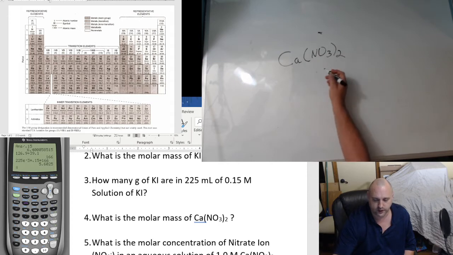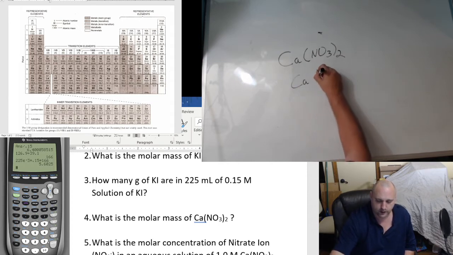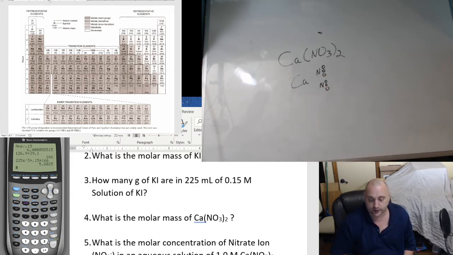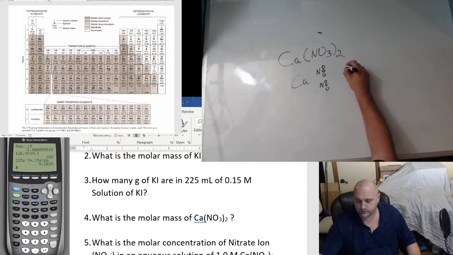We have two of these nitrates. So it might be easier for you to draw this out. Each one of these has three oxygens and one nitrogen, and so now you can much easier see what's going on.